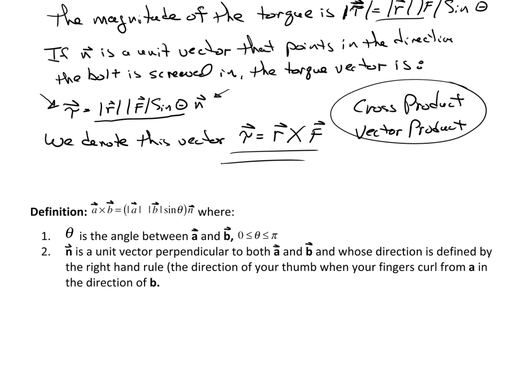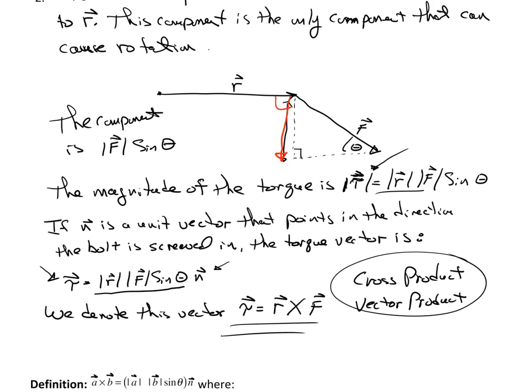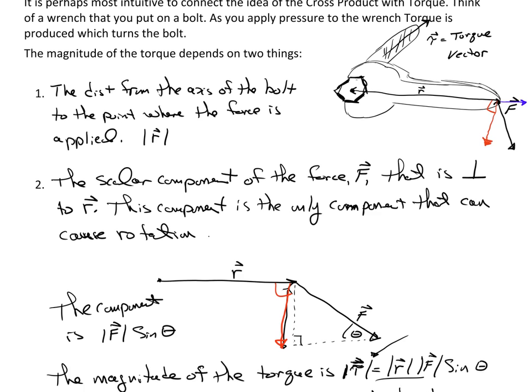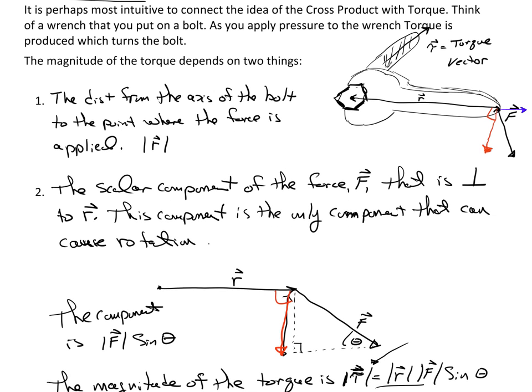If I take a look back at my diagram here, let's go back to my wrench. See, n is going to go this direction right here. So when I multiply it by this scalar component right here, then I get this torque vector. So n, if you look at this, is going to be perpendicular to both of these.